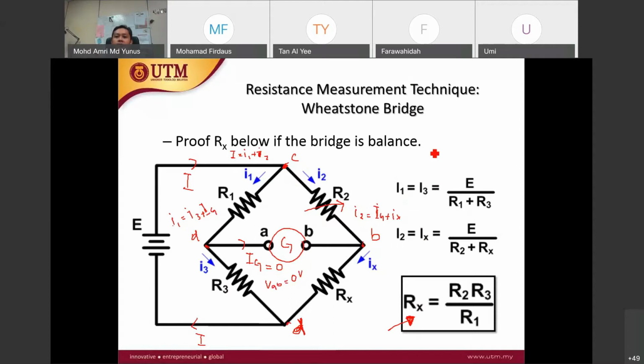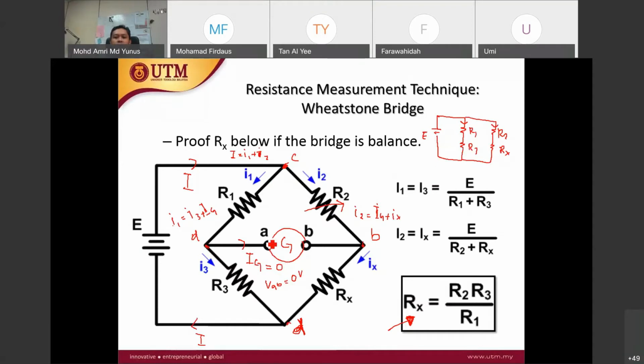So the circuit will be like this: R1, R3, R2, Rx, and this is E. When it is balanced, Ig is equal to zero or VAB is equal to 0 volt potential.